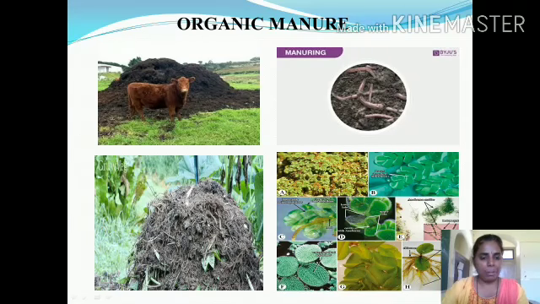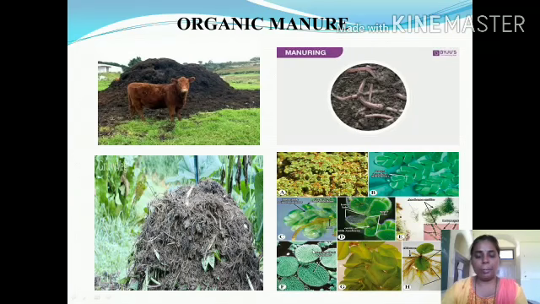And this is the heap of the plant waste that gradually converts into a manure by the action of microorganisms. And then it is applied as a manure for the field. And this is one of the hydrophytic plants called azolla that grows on the top of water in water bodies.